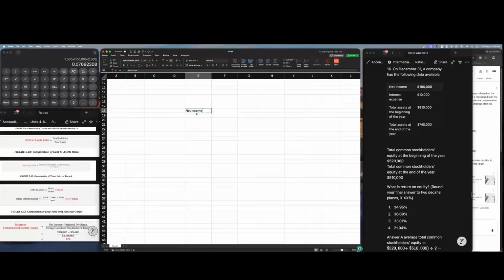It's net income divided by average common stockholders' equity, minus preferred dividends.